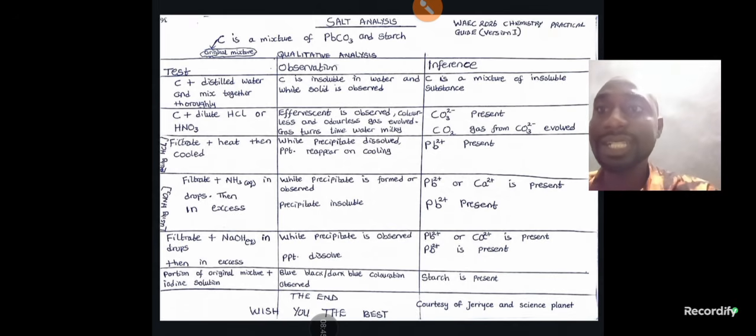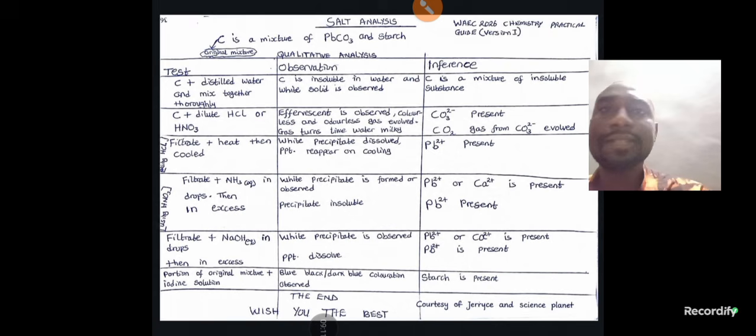Then when you add in excess, your precipitate dissolves. So when you add NaOH, your sodium hydroxide, in drops, in the inference you write lead ion or calcium ion is present. Then when you add in excess, you write lead ion is present. So it's confirming it.